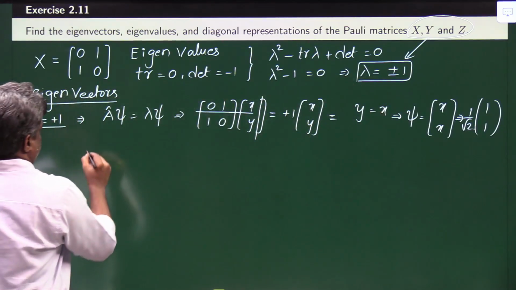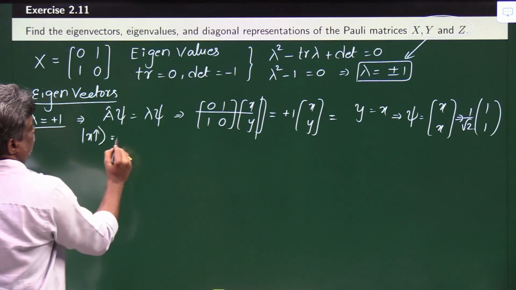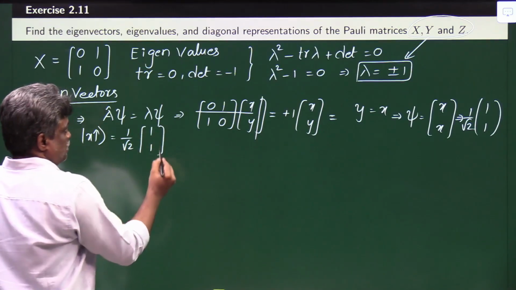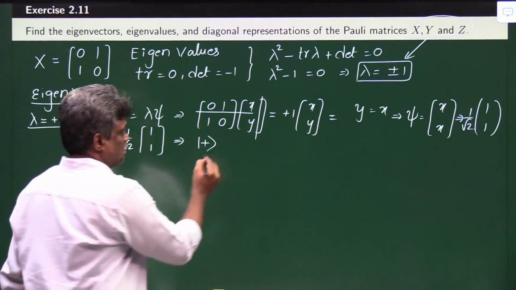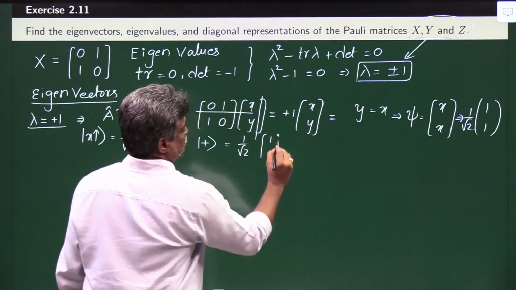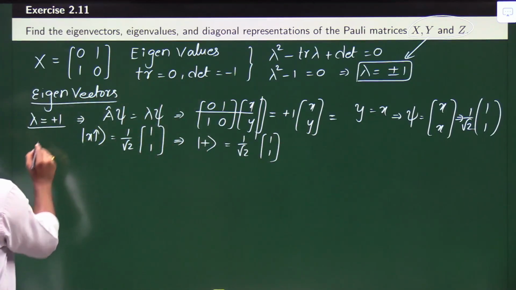So this is the X up state. Generally this X up state is 1 over root 2 times (1, 1). Sometimes we write this in the diagonal basis as ket plus equals 1 over root 2 times (1, 1). This is the eigenvector corresponding to the plus 1 eigenvalue.